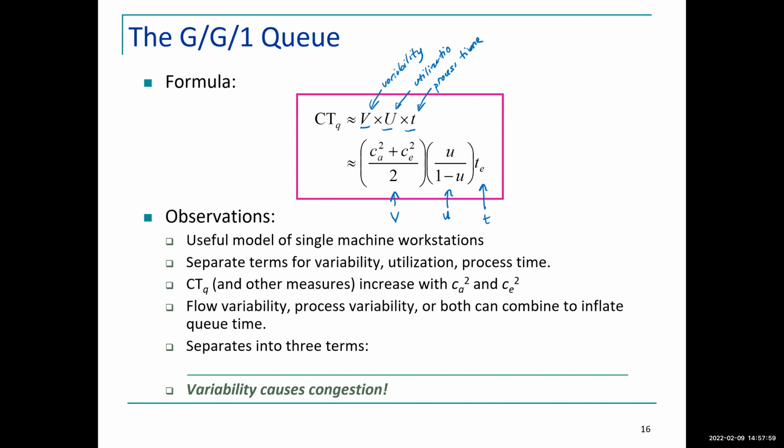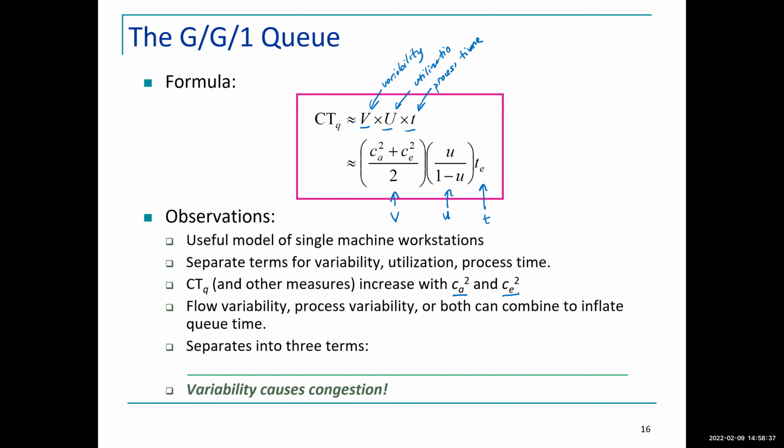So this is a useful model of single machine workstations. It separates terms for variability, utilization, and processing time. And CTQ and other measures increase with these two coefficients. So if we increase the variability of the arrival process or the processing time, the cycle time in the queue is going to increase. Flow variability and process variability can combine to inflate the queue time.